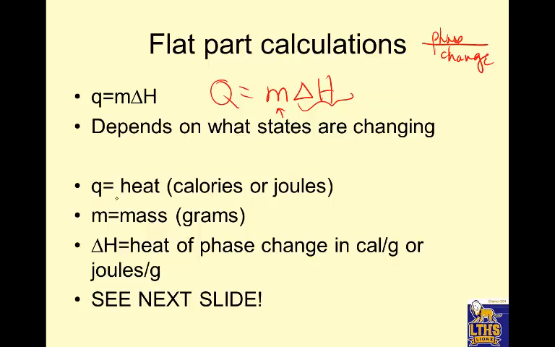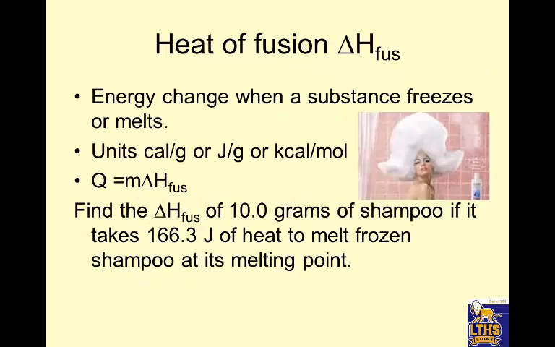All right? So Q is heat, calories or joules. M is mass in grams. Delta H is the heat of the phase change in calories per gram or joules per gram. So let's look at the next slide like it says. Heat of fusion is called delta H. Fusion is melting. So for us, heat of fusion is the heat it takes to melt 1 gram of a substance. If you were melting it, it's fusion.